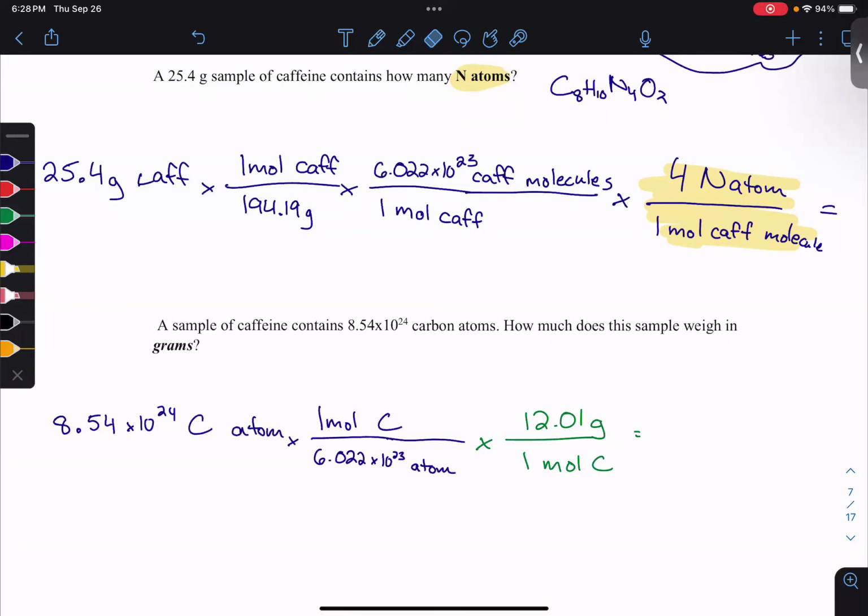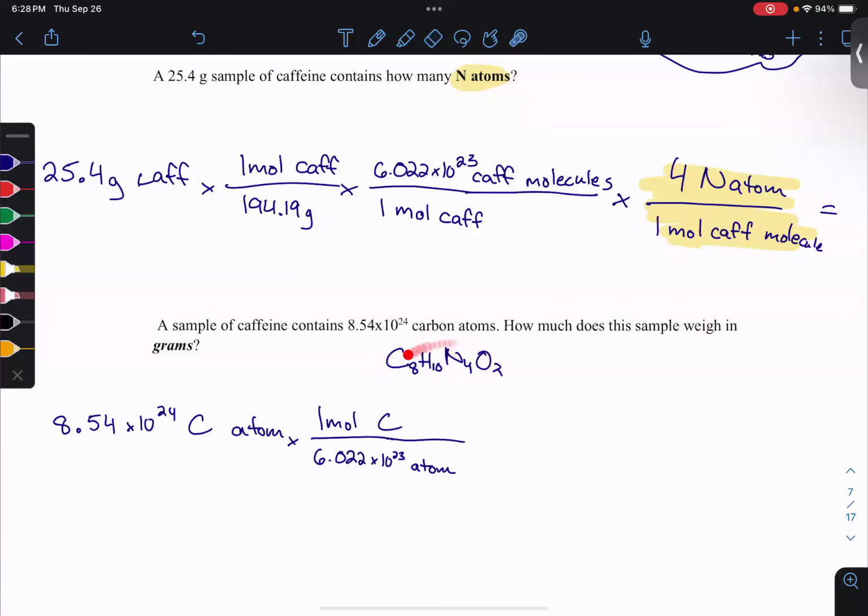So there's a step missing here, all right? We're basically doing this, but backwards. I know how much carbon I have, so we're going to use the chemical formula as a way to scale back to the molecule. Look at this chemical formula. For every 1 caffeine molecule, how many carbon atoms are there? 8. So where is the 8 going to go in this next fraction?